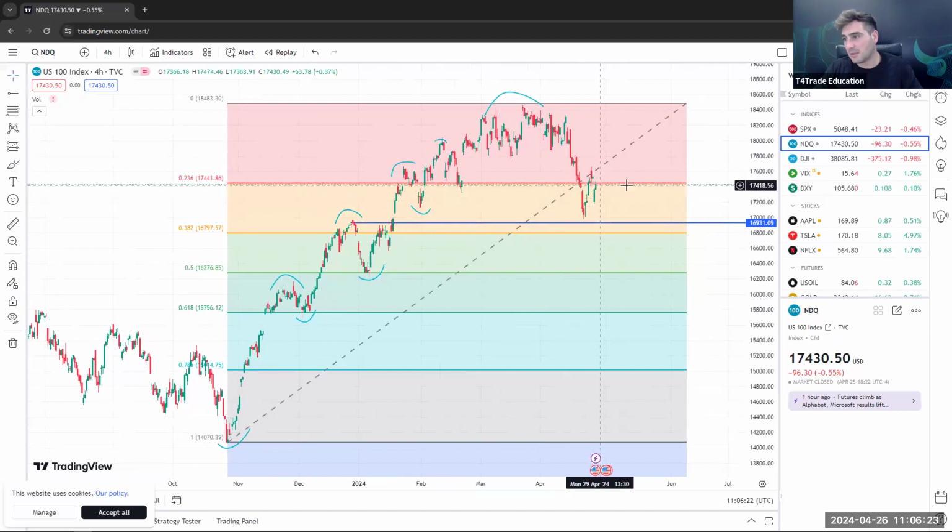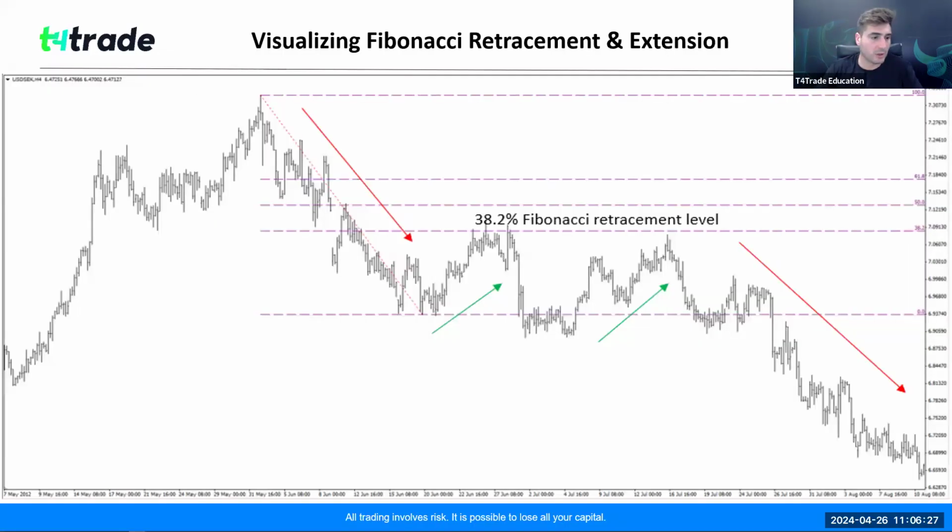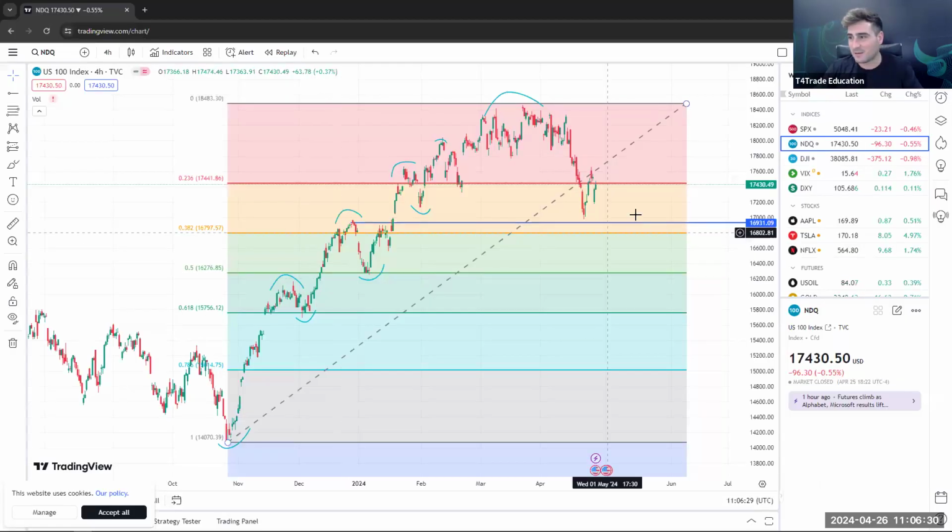Yesterday we were probably going to have an open in the green. Maybe, sorry, we're going to retest this area right here once again. So a clear break above this level cannot be interpreted as a long signal.